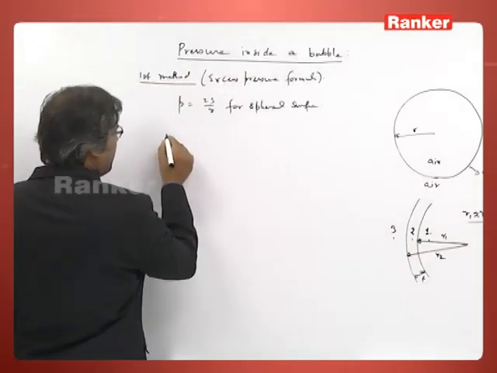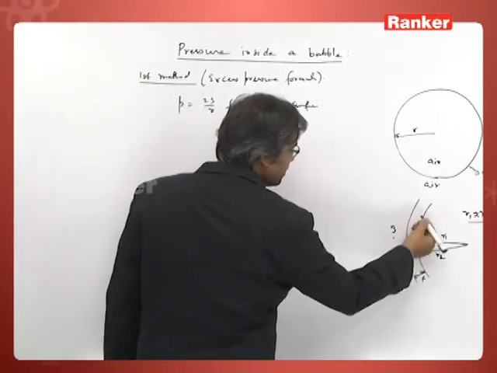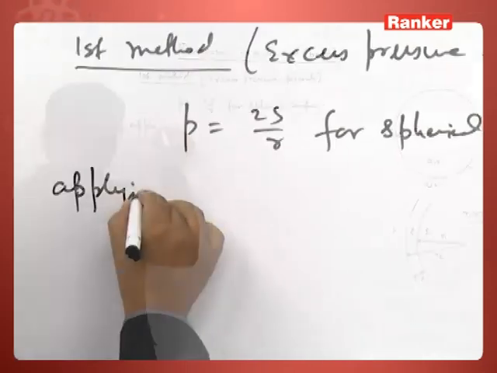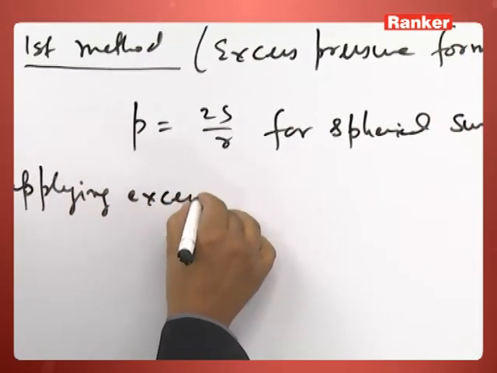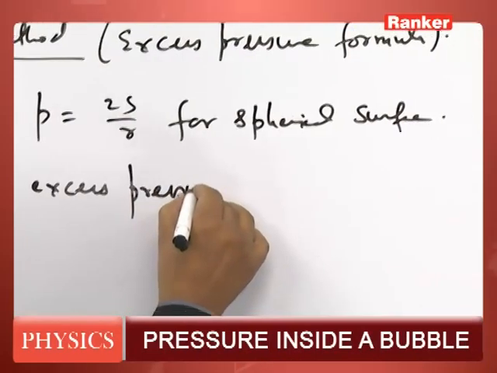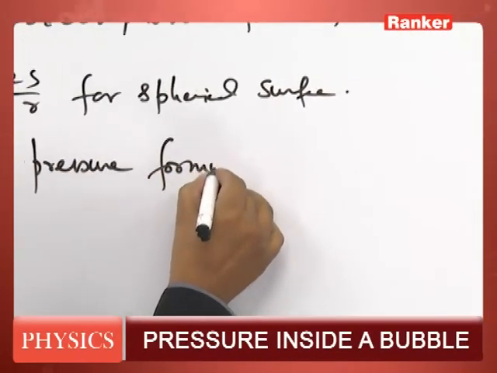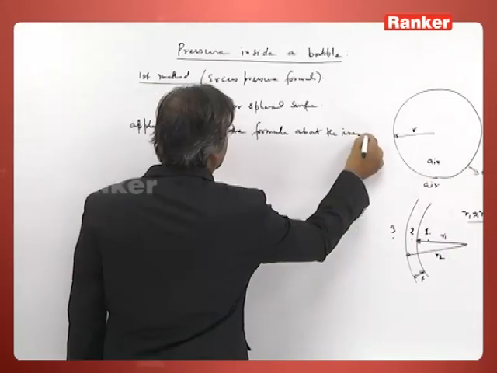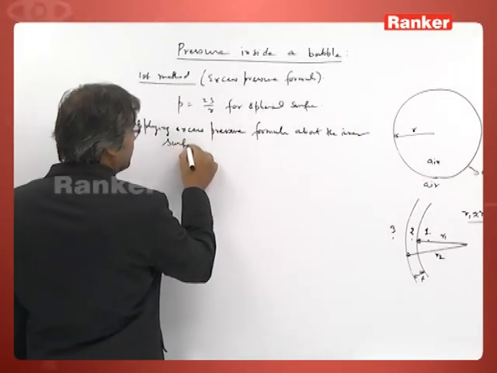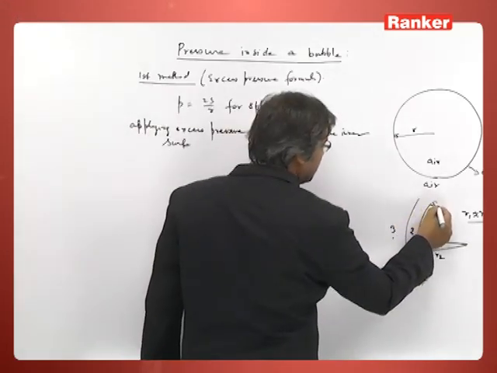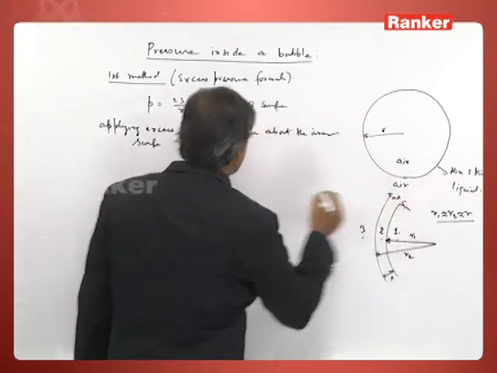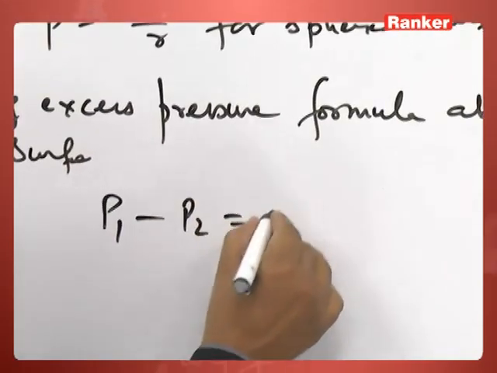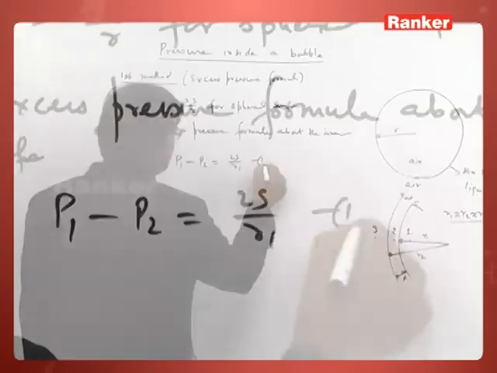Applying the excess pressure formula about the inner surface, suppose I say this is S in and S out. Inside, the pressure at 1 is greater than at 2 by 2S by R1.